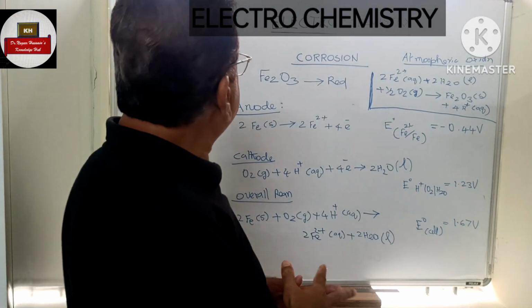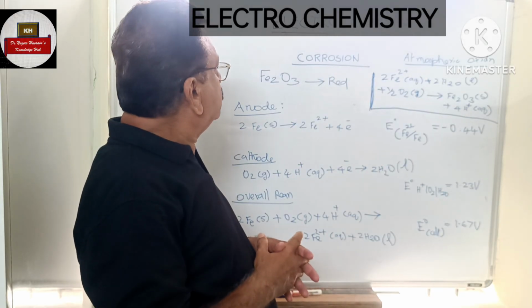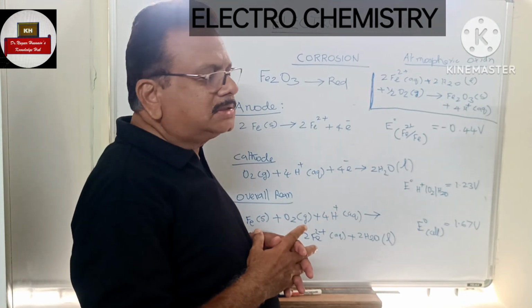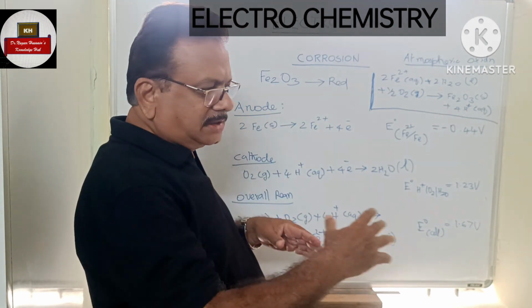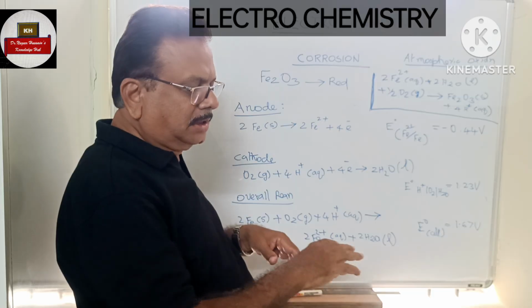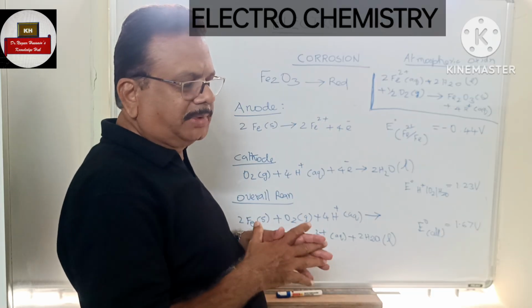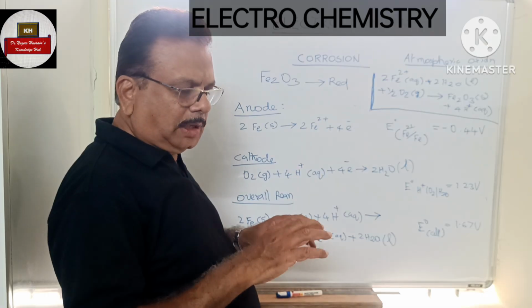Dear students, in electrochemistry the last chapter is corrosion. So we will see about corrosion. Corrosion is mainly because of Fe2O3, which is red in color. When it is formed on the surface of any iron material as a red powder, it means it is corrosion. And because of corrosion, the material gets destroyed. Even bridges and other structures will collapse.